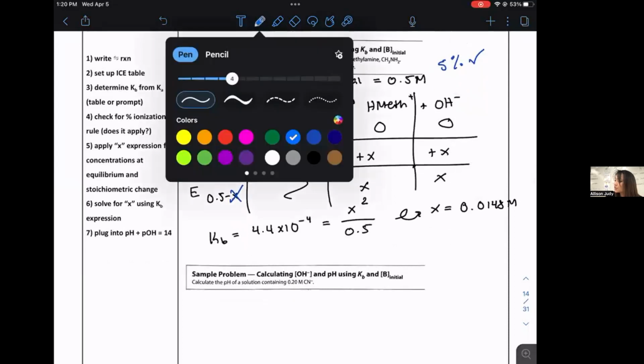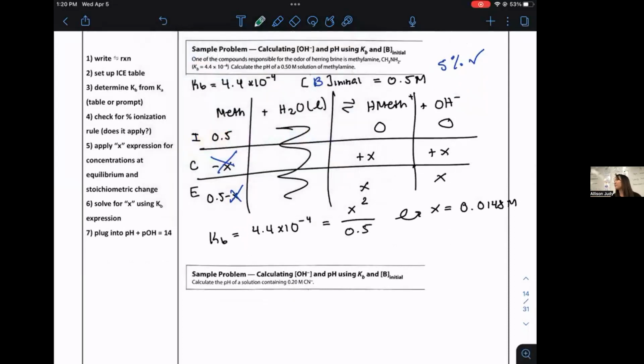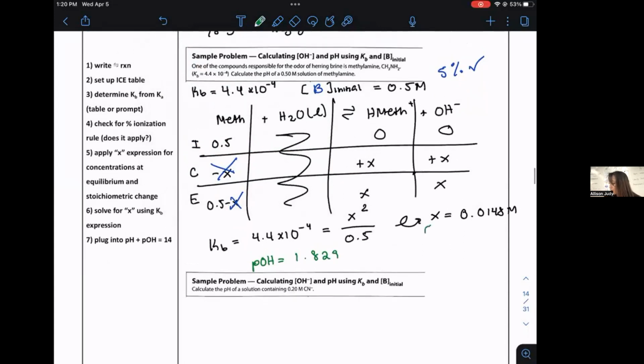And if I were to ask you to find the pH of the solution, just as a little bonus, you cannot do that directly from that concentration value because you have a hydroxide concentration. So what you would do is find pOH first, which would give you 1.829, based off of your base value here. This is your OH concentration at equilibrium.